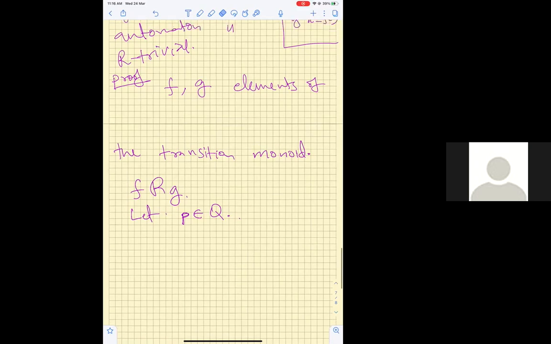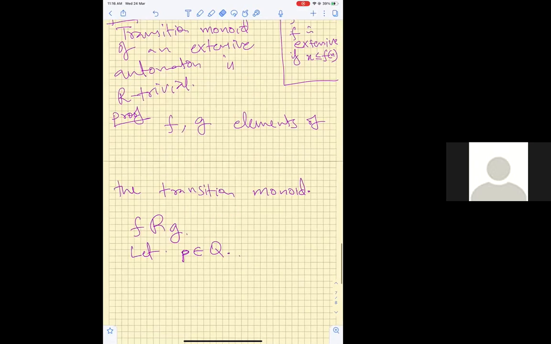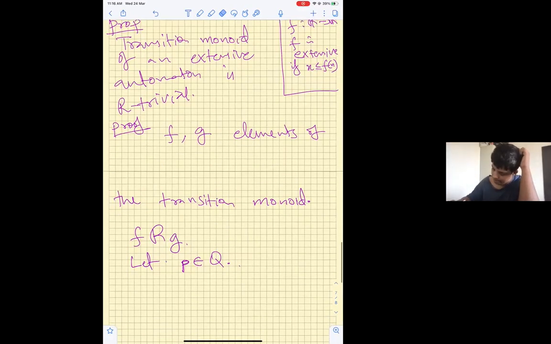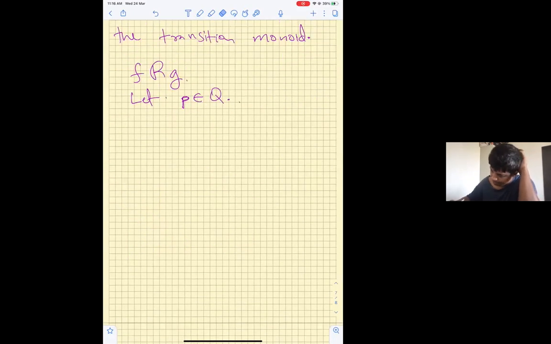Can you write this in this way? I'm still trying to figure out what is the best way to write this.